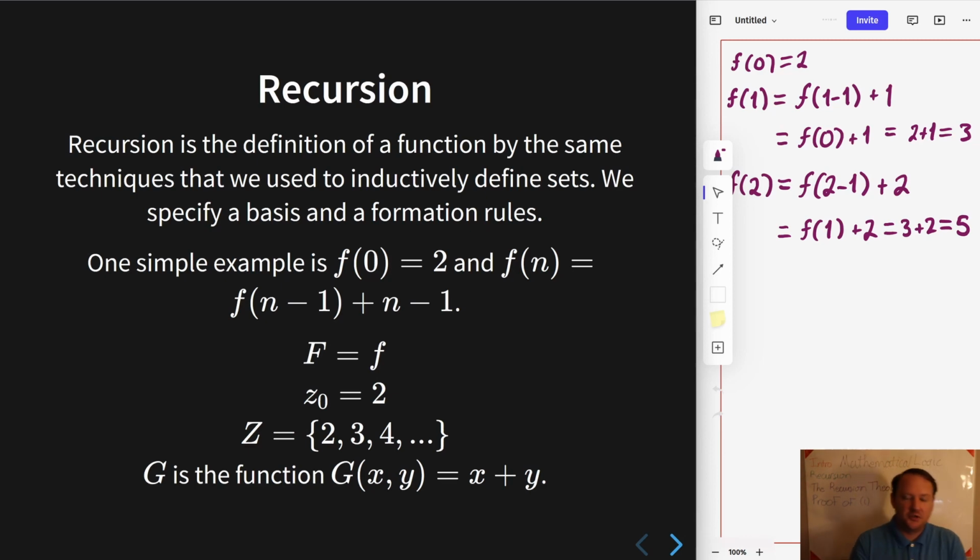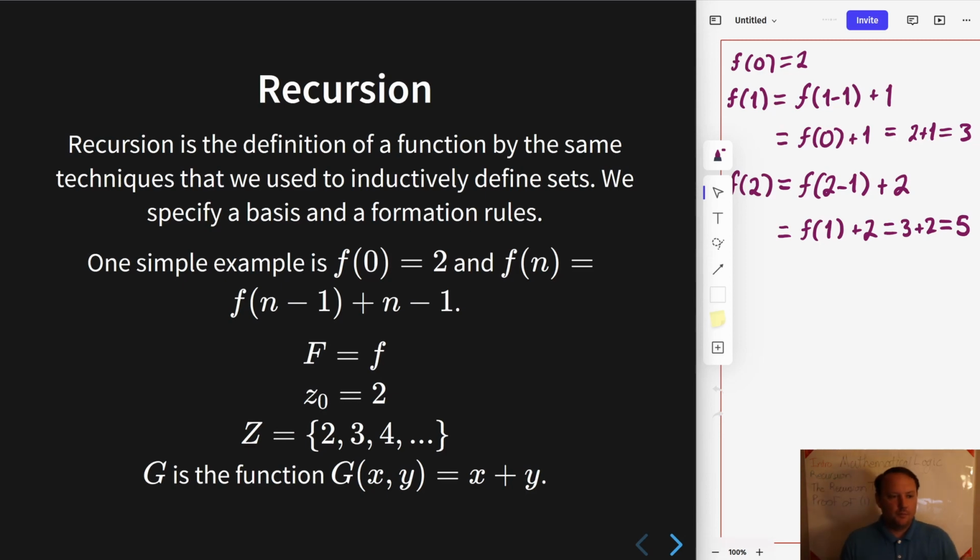So that's the function g. Effectively, g is the function that we are using to determine the next value of the function based on the earlier value of the function and the input. So g is the function that is doing the definition by recursion. In this example, g is plus.